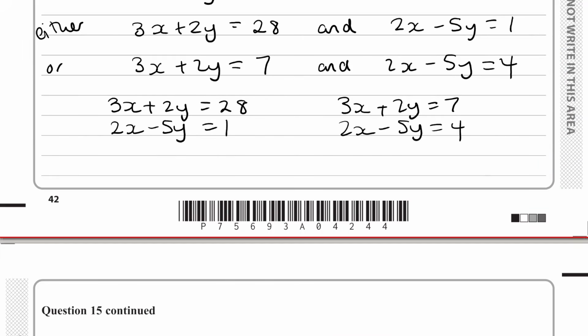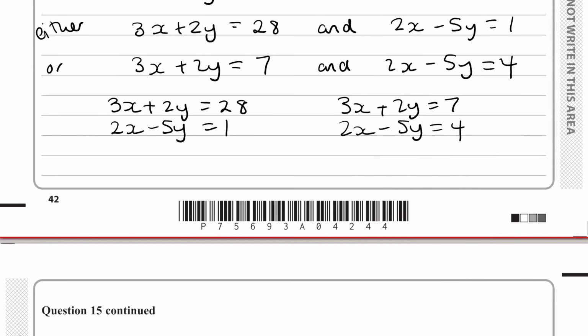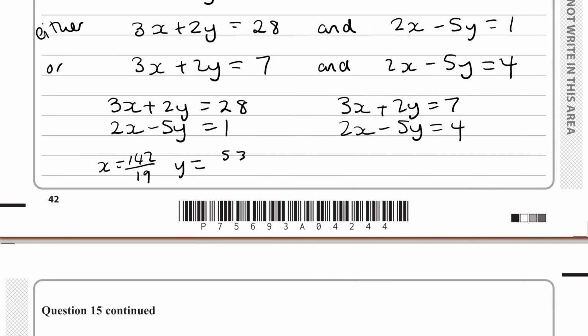So let's solve these simultaneous equations. I'm going to use the calculator to do it. So I'm going to go to equations, simultaneous, 2 unknowns. 3x plus 2y is 28, and 2x minus 5y is 1. We get 142 over 19 and 53 over 19.